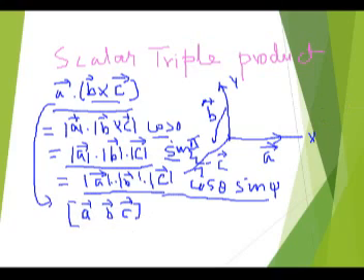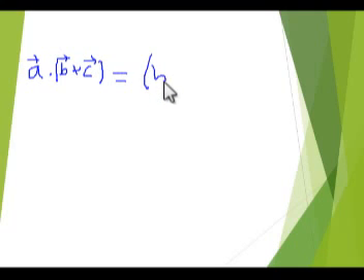Now we also have another property: A vector dot B vector cross C vector is equal to B vector cross C vector dot A vector.